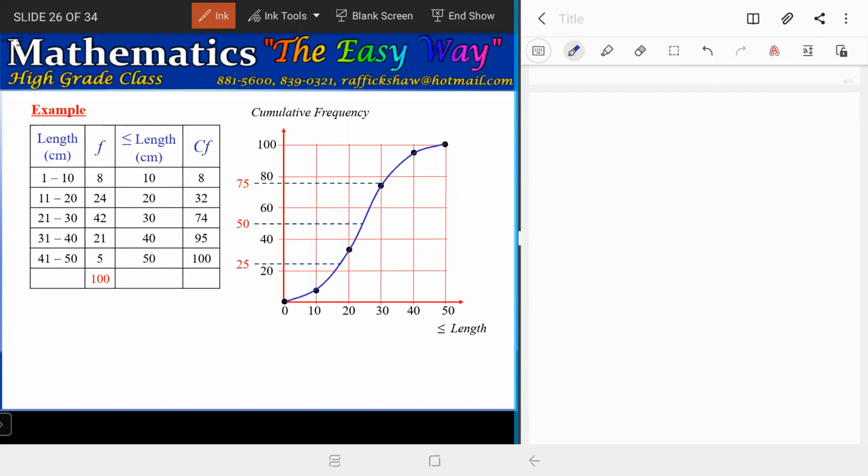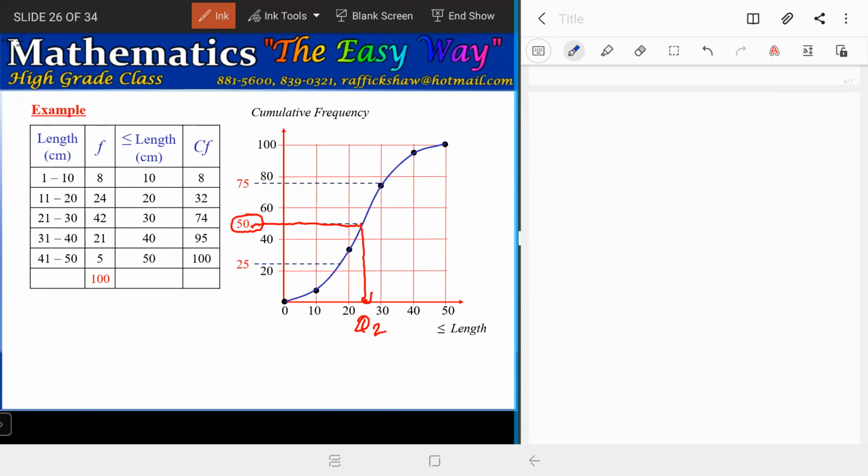If I want to find the median length, I find the 50th leaf, the one in the middle. The 50th leaf has the median length of the leaves. So I come across and read it down here, and that will be my Q2.